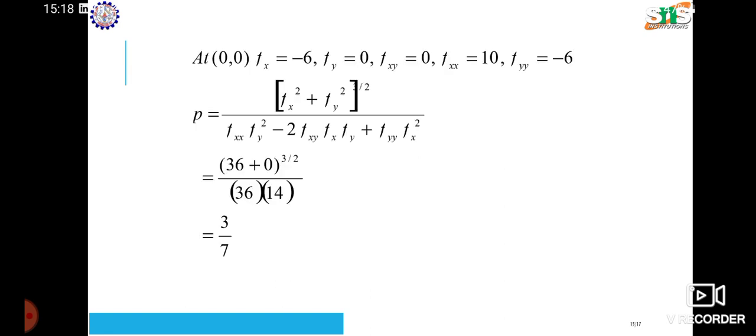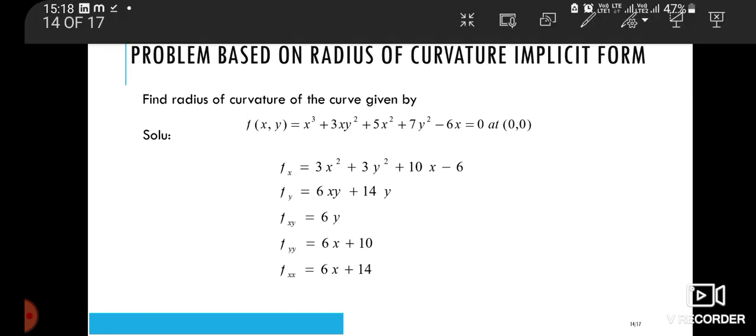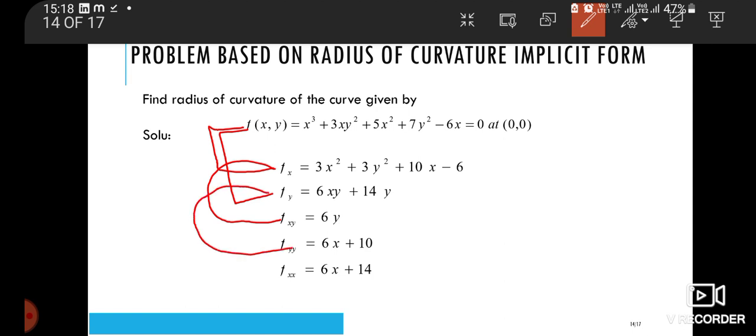So first we have to find fx. Fx means we differentiate this f equation with respect to x. Fy means we differentiate this with respect to y. Fxy means we differentiate the fx equation with respect to y. Fyy means we differentiate this equation with respect to y.